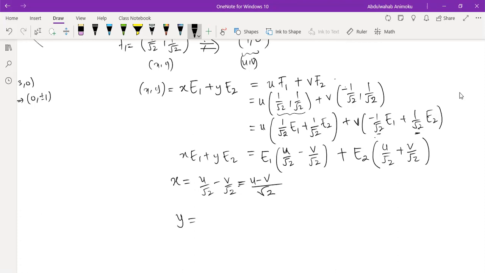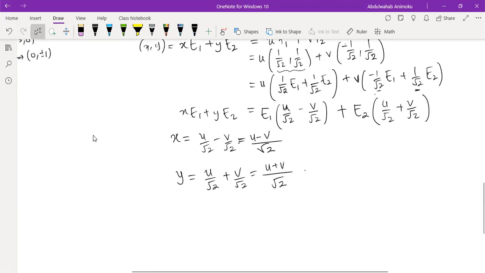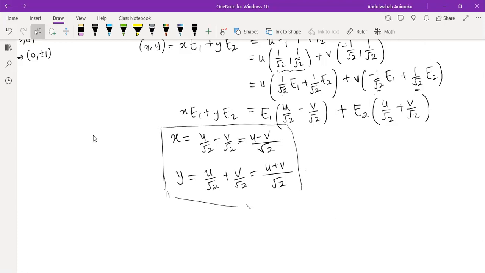And then for Y, that would give us U over root 2 plus V over root 2, which is U plus V over root 2. Now, this completes the problem, okay? So now we know how to convert any vector in UV into a vector in XY. Perfect.